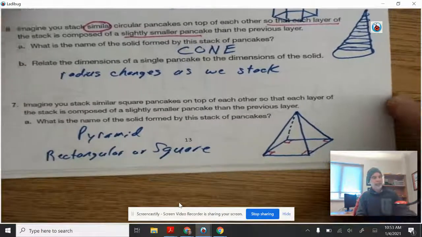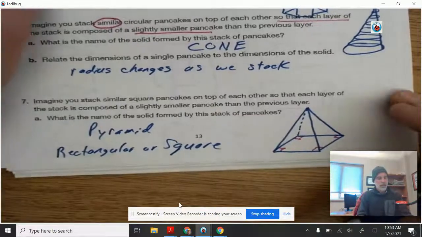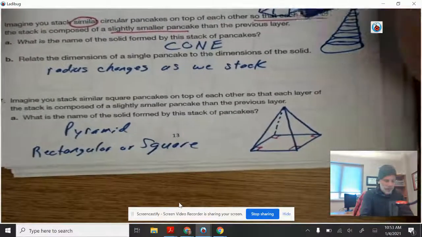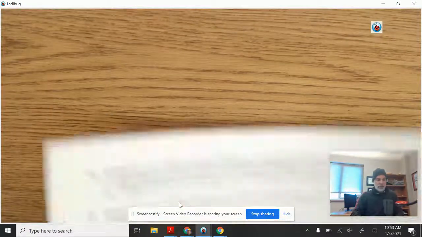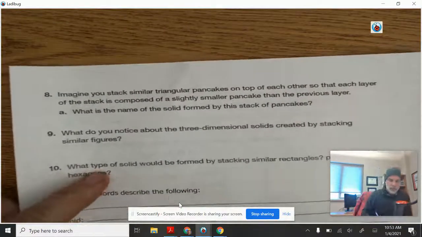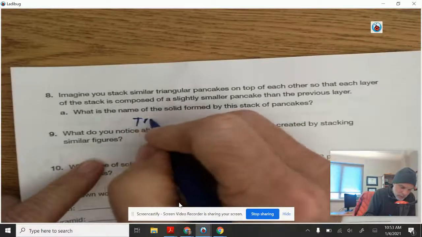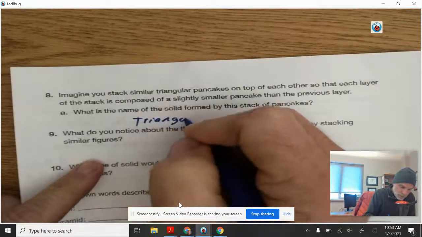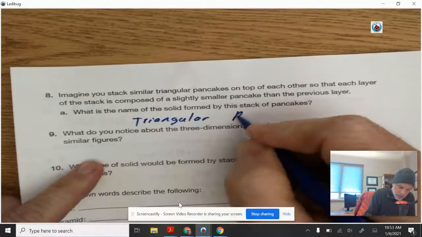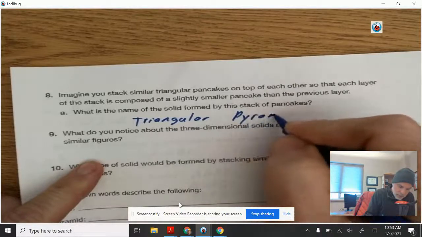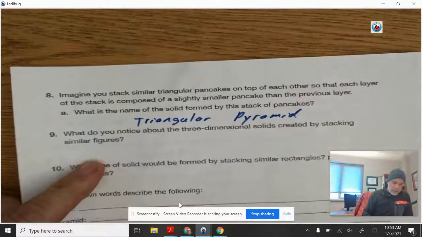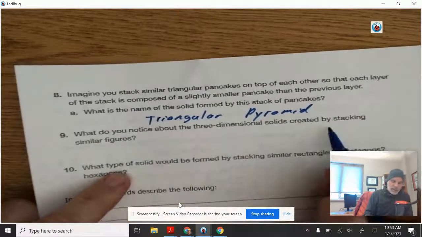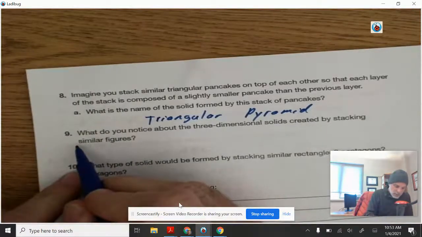Most of the time, we would call this a rectangular if we don't know for sure that it is a square. If I did triangles the same way, what's the name formed? Triangular pyramid.